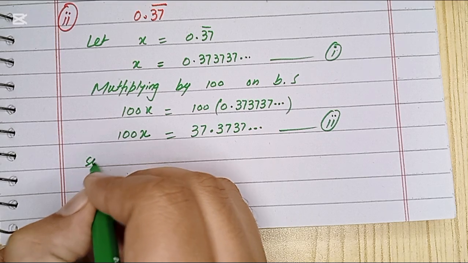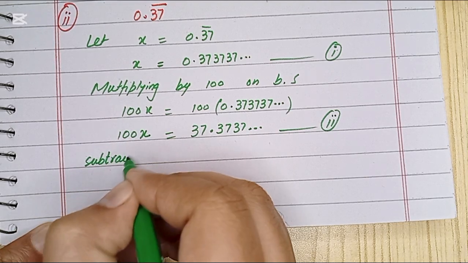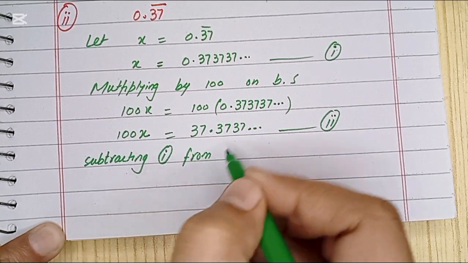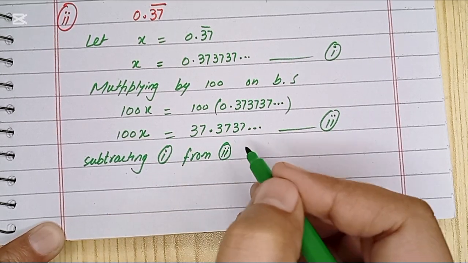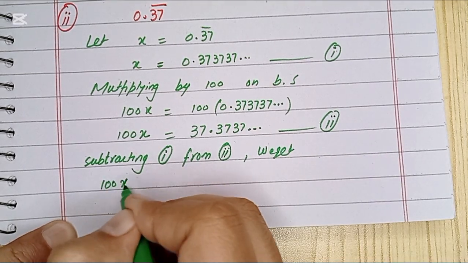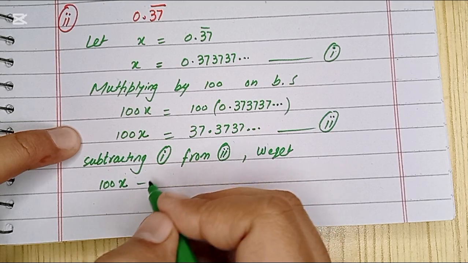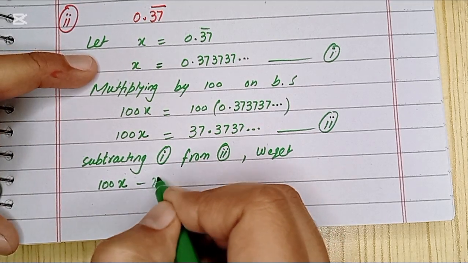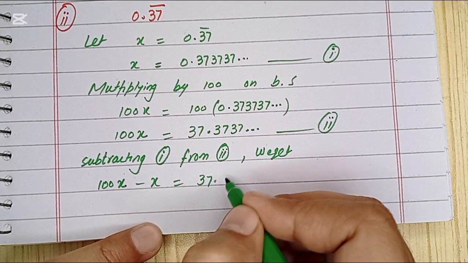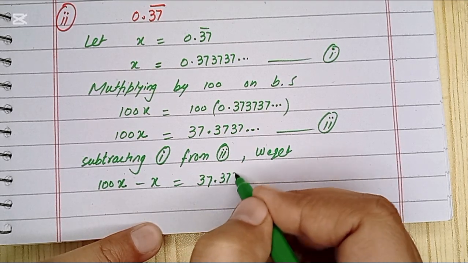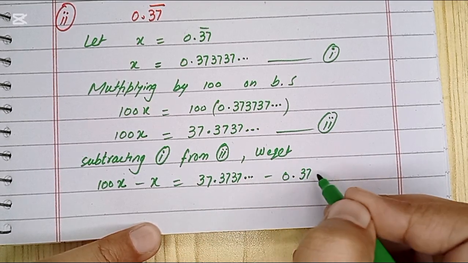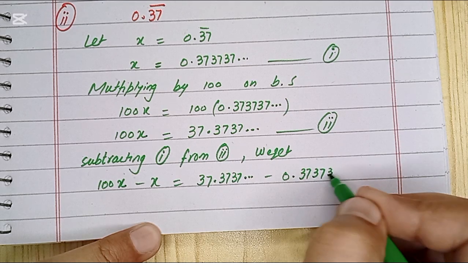Subtracting 1 from 2, we get left hand side of 2 minus left hand side of 1, and right hand side of 2 minus right hand side of 1.